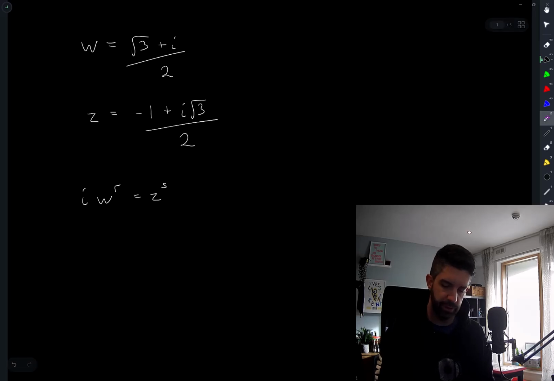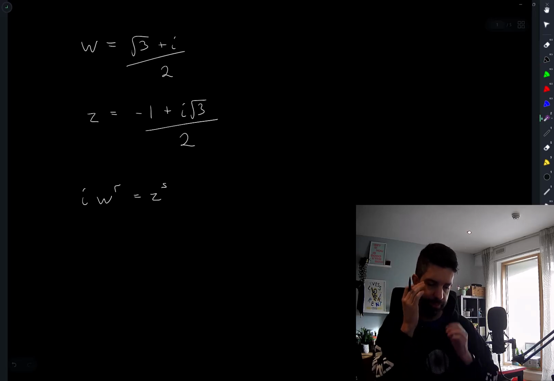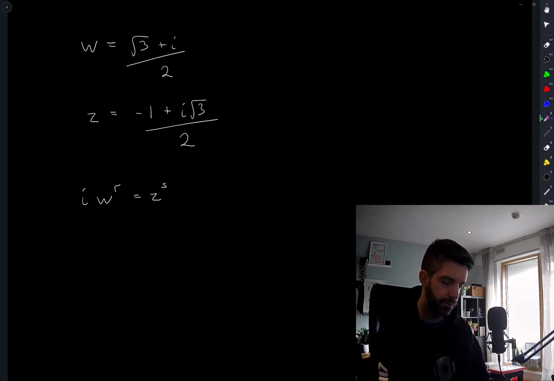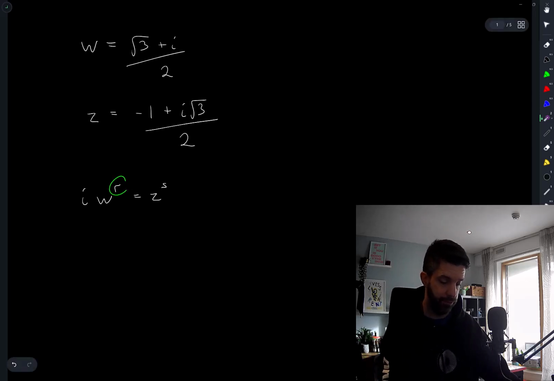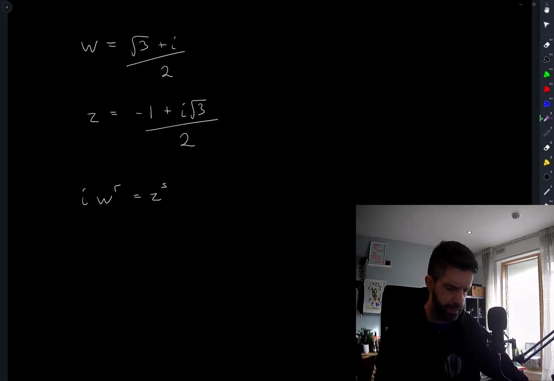My first instinct here is to rewrite w and z in terms of exponentials. They have the same modulus, and that immediately gives us a big hint as to what r and s can be. Let's make sure they have the same modulus, right?